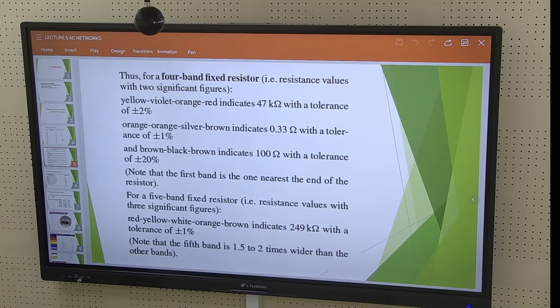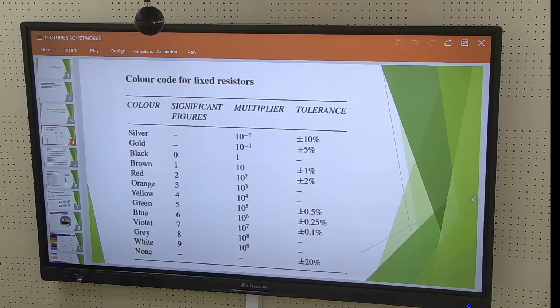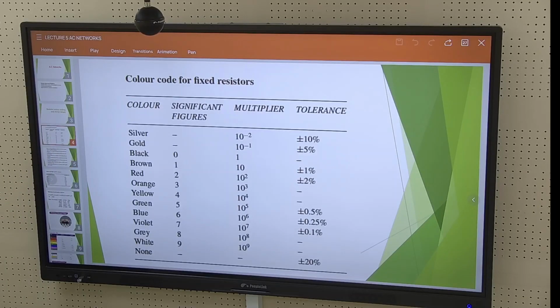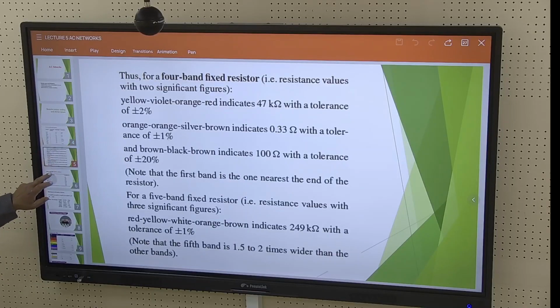So orange, silver, brown is 0.33 ohm with a tolerance of plus or minus 1%, because brown is a tolerance of plus or minus 1%. So this is how it is working. This is an example. You may look at others as we go.